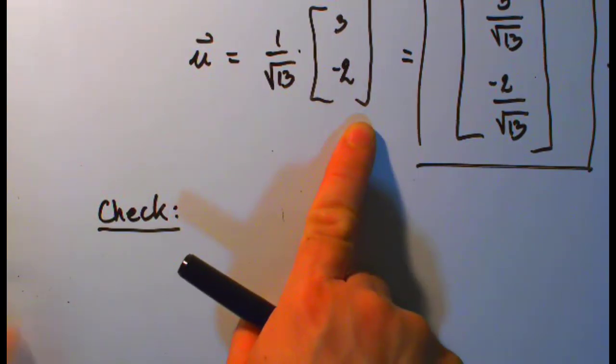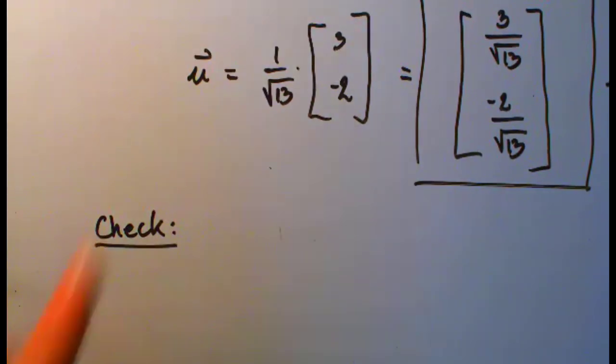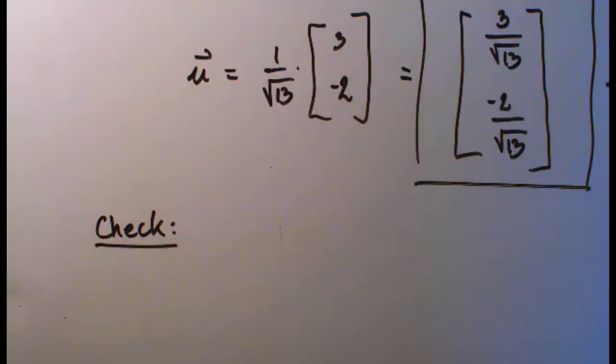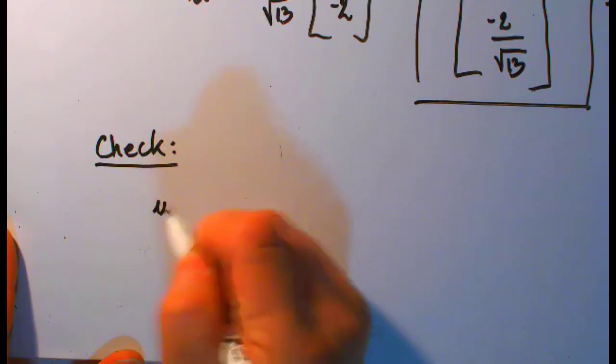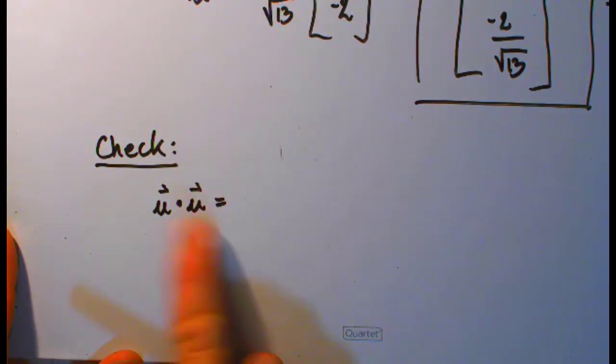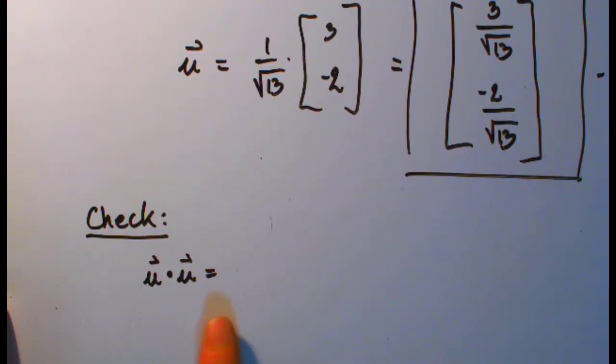Now I'm mainly going to check whether our calculation gave us a final vector u of length 1. All you have to do is compute u dot u. As long as the final answer for u dot u turns out to be 1, we were successful.